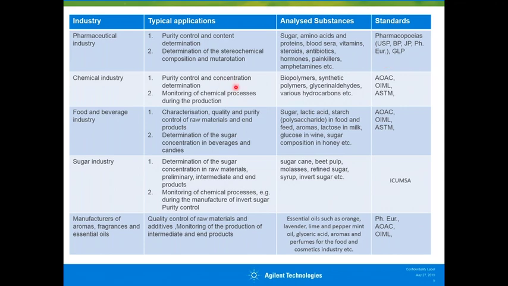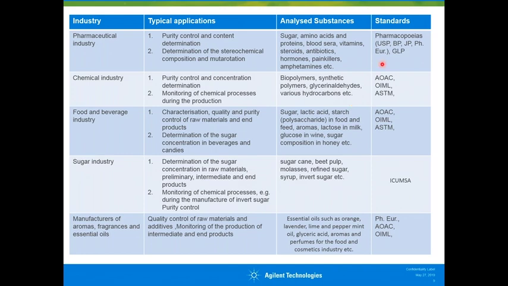For the chemical industry, again, purity control and concentration can be determined. In chemical processes, in-process analysis can be done during production. Commonly analyzed substances would be biopolymers, synthetic polymers, various hydrocarbons.